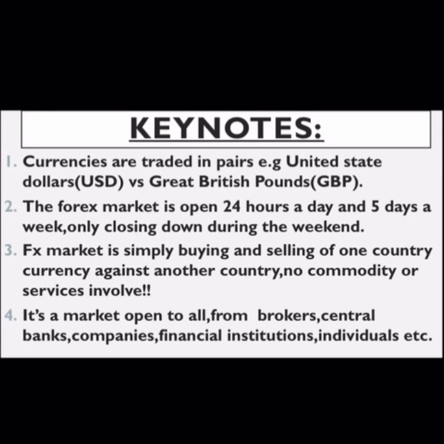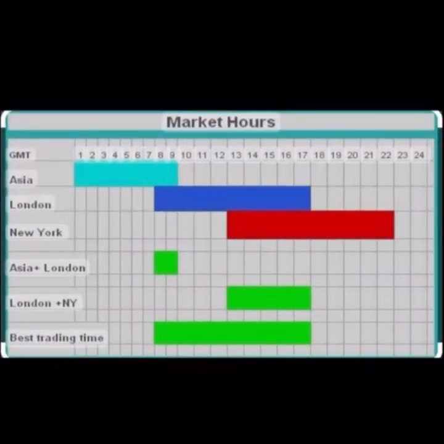It means it has overlapping time zones. The time a market is opening in a particular country, the next country may be closing. So these time zones actually overlap each other.